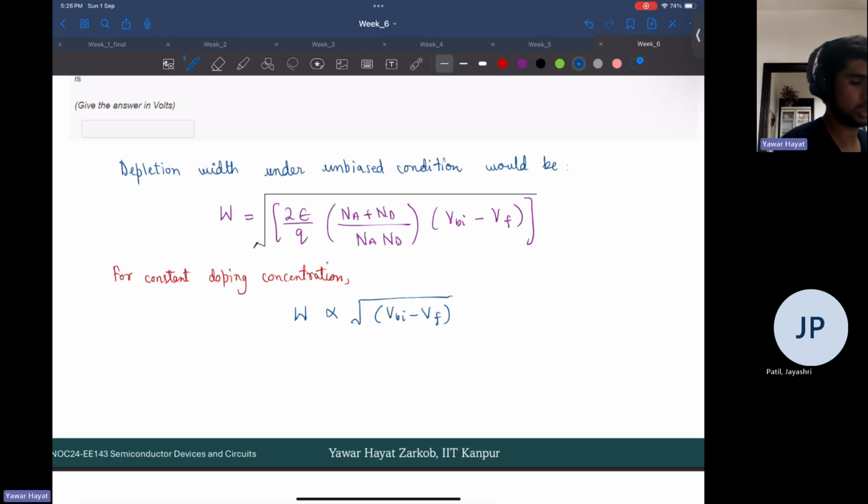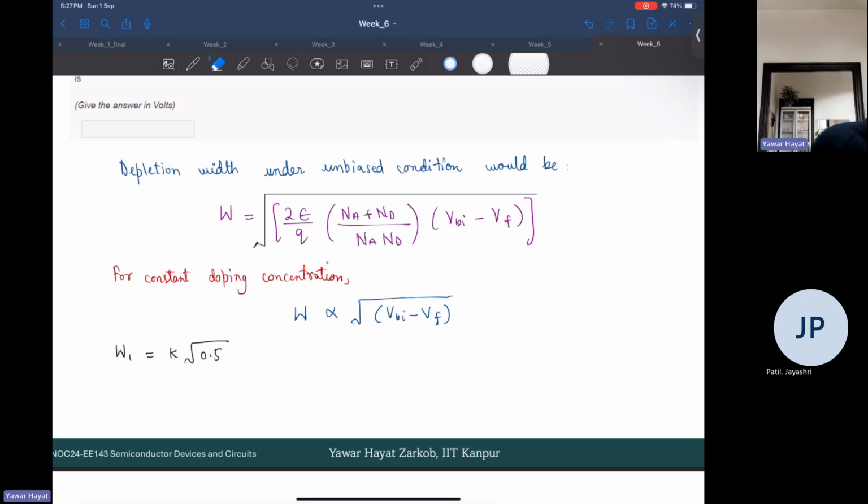So I have two cases. Case one, when there is no bias applied, let that be W1. That would be some K times square root of 0.5, where 0.5 is the value of VBI. The rest of the things can be taken to be a constant.